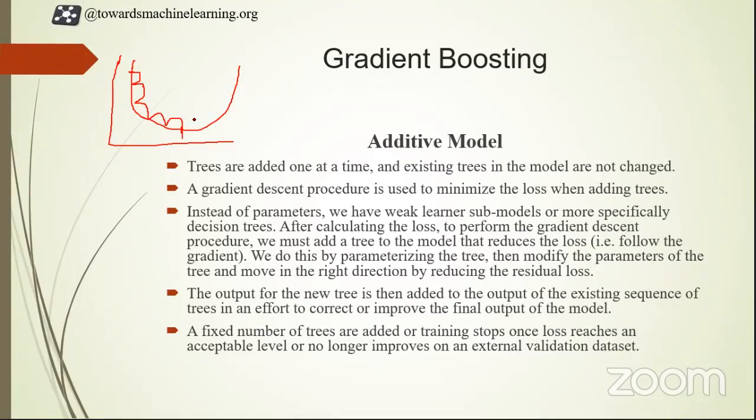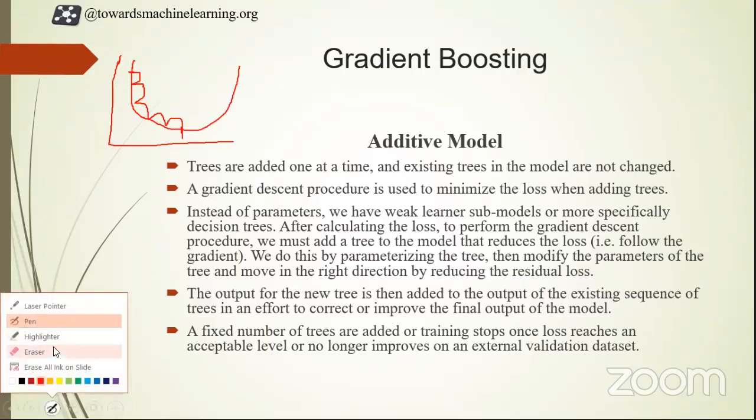We have to reach the global minima, and once the loss reaches an acceptable level, or we can see that no further improvement is taking place, training stops there. A similar approach we are going to follow in gradient tree boosting also.